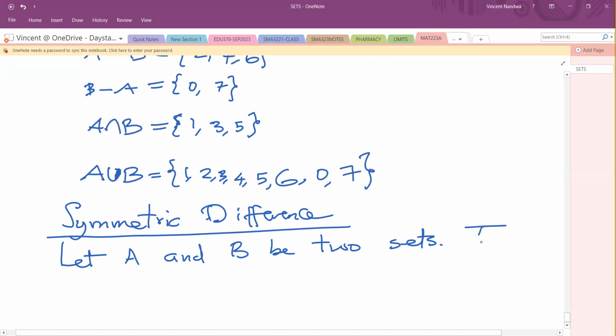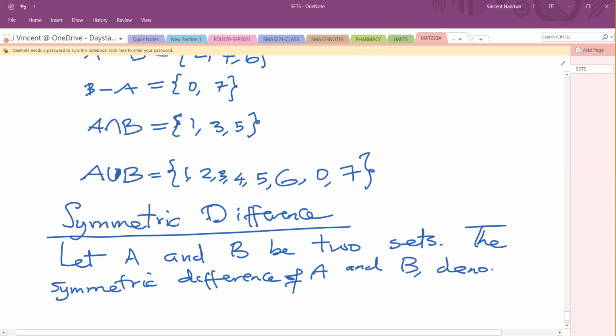The symmetric difference of A and B, denoted by A, then a small circle with a plus in it, then B, is defined as follows.